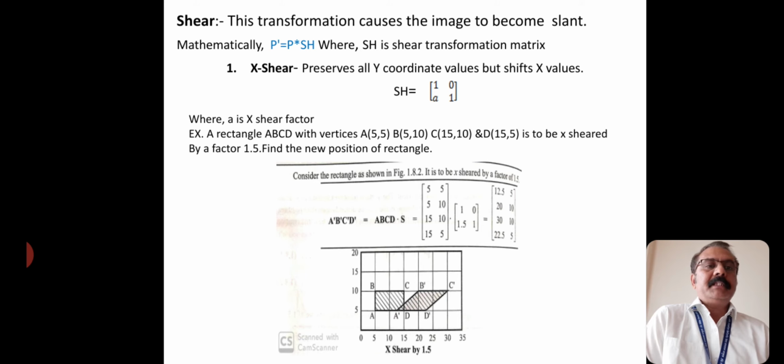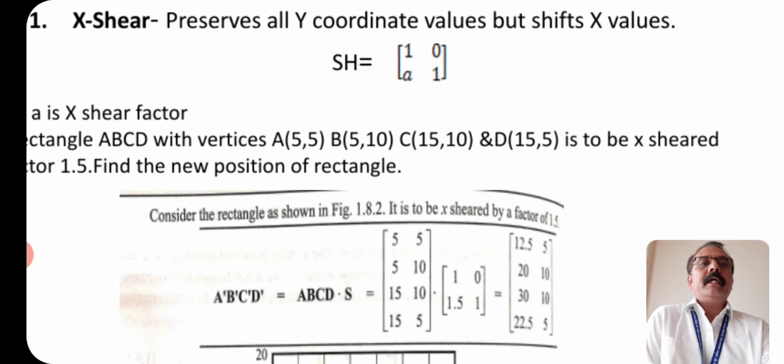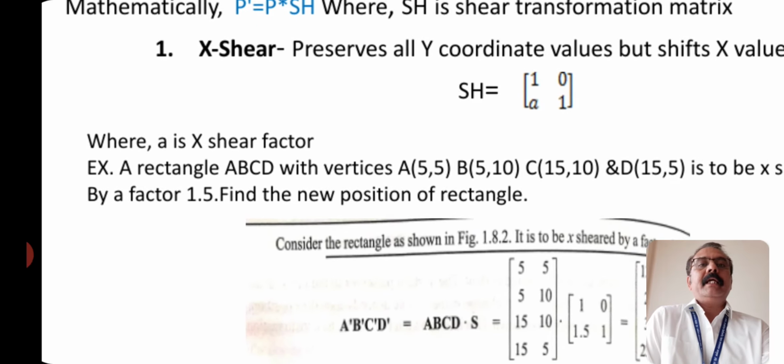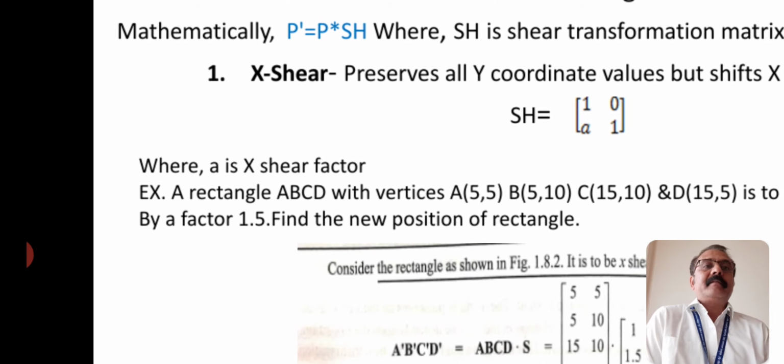Now again, shearing transformation is divided into two types, X shear and Y shear. In case of X shear, we preserve all Y coordinate values but shift X values. The shear matrix is given as 1 0 A 1, where A is the shear factor.